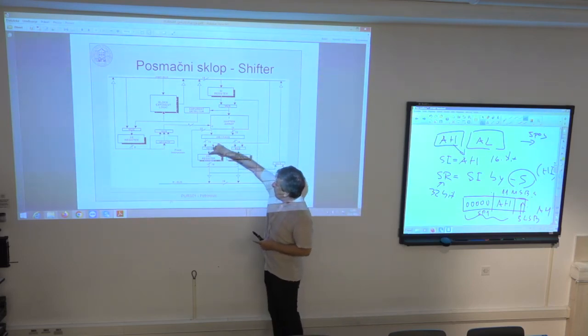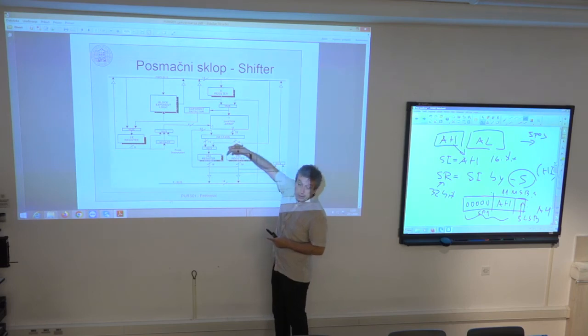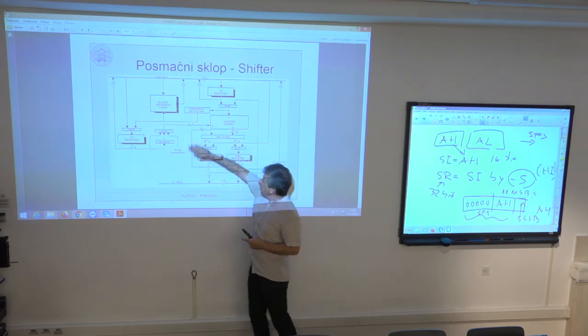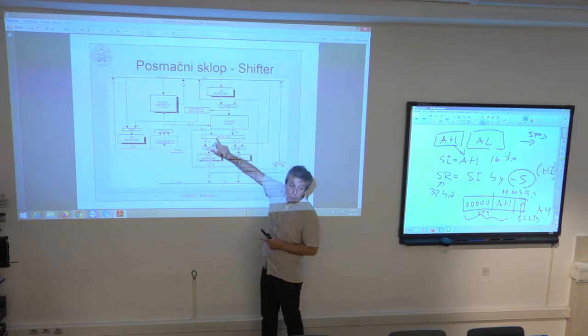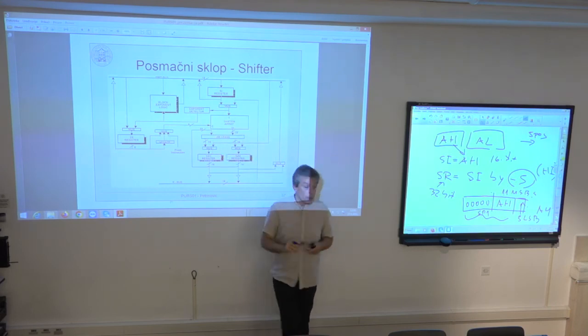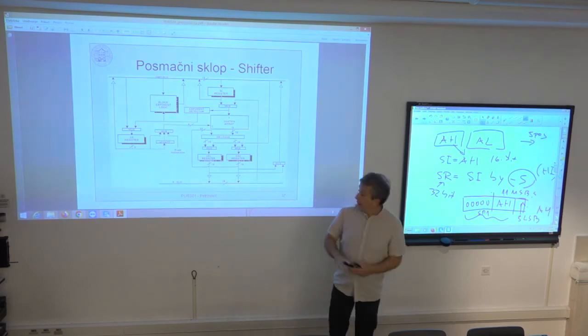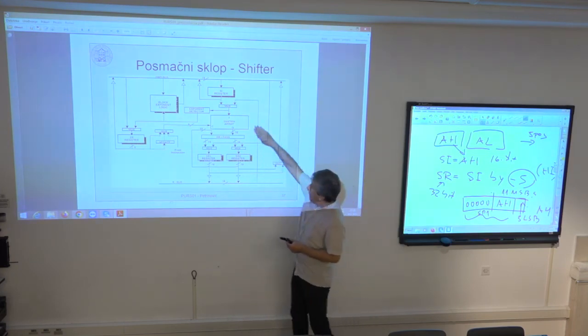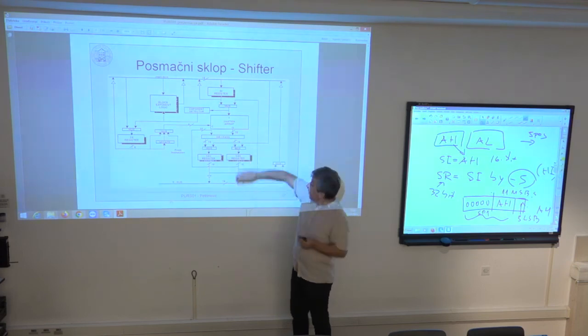So 11 bits here and 5 bits here. Then I feed back this result to this OR pass logic and combine it with the result of the lower word shift, where I simply place the 11 most significant bits of the lower word over the 11 least significant bits of SR1.